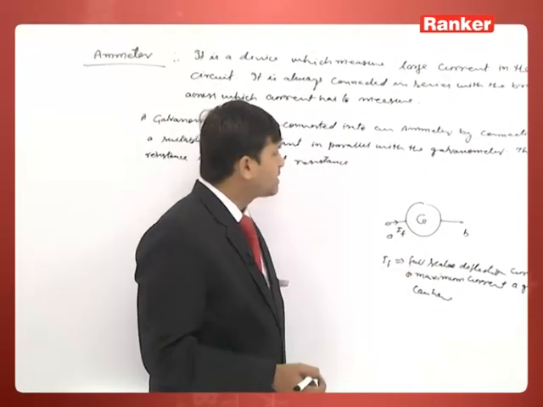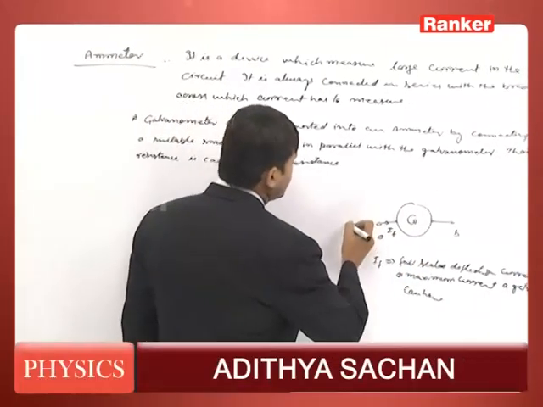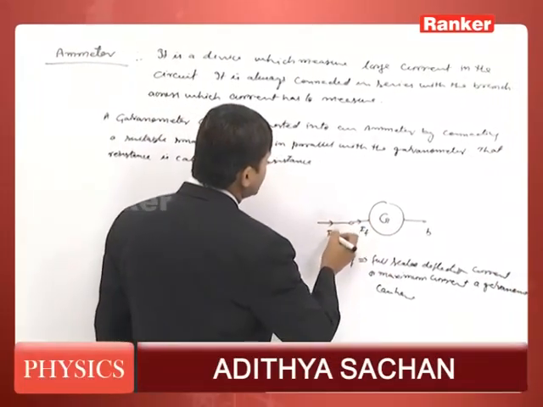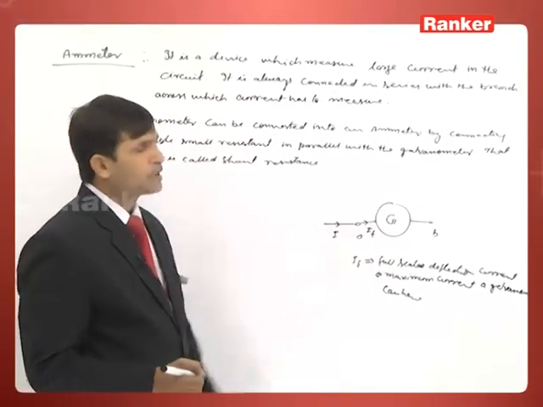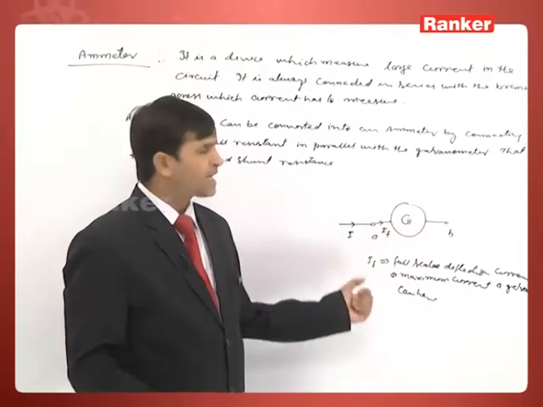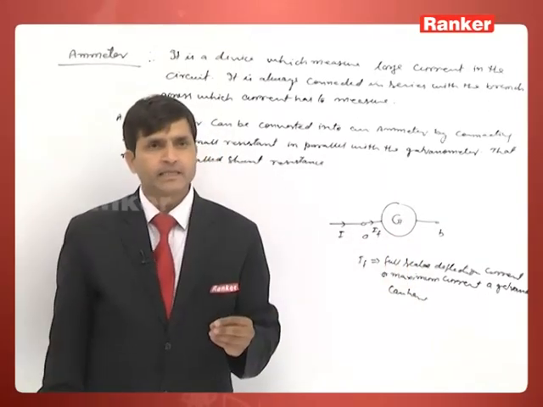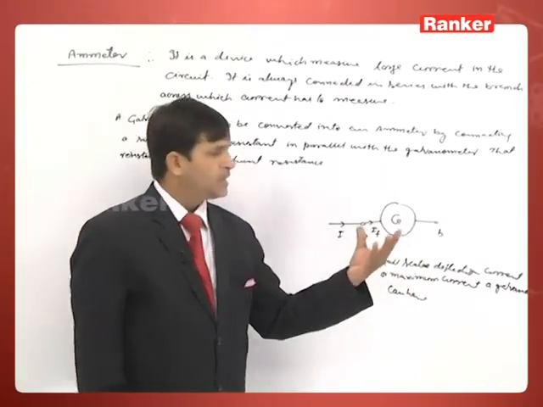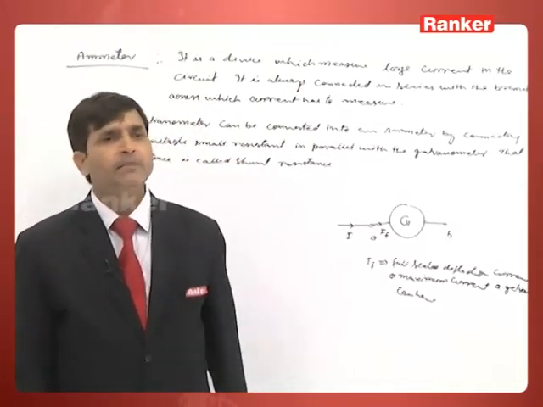Since a galvanometer can have maximum current IF, if the current we want to measure is large compared to IF, and the direct current passes through the galvanometer, because of its high resistance a huge amount of heat develops inside the galvanometer and it can burn.